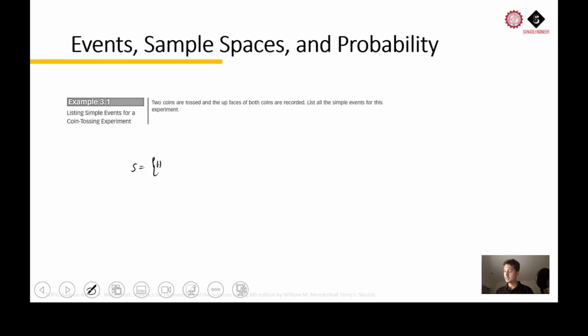So the simple events are head-head, head-tail, tail-tail, and tail-head. The other notation uses S and then semicolon or colon. So we could use equal or just colon. So that is all the simple events for this simple experiment.